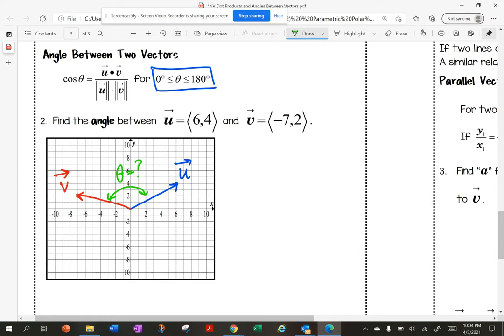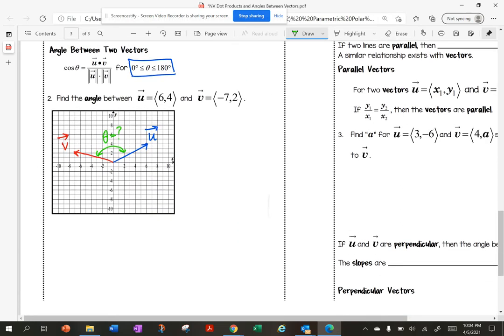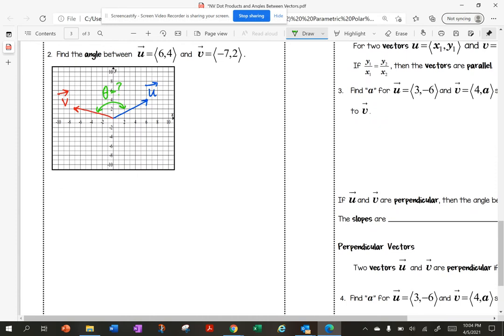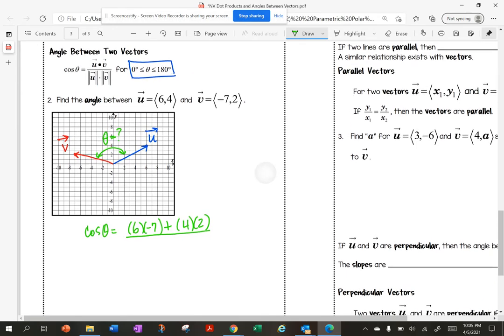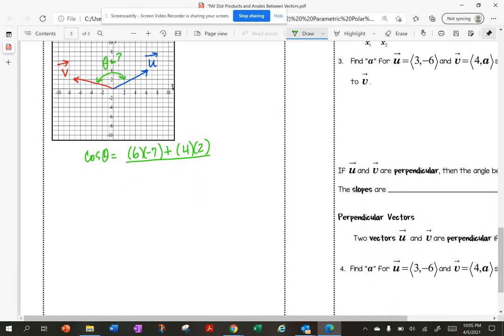Okay, so I'm going to substitute into my formula. So the cosine of theta is the dot product. So this is going to be 6 times -7 plus 4 times 2. And then the magnitude of each vector.